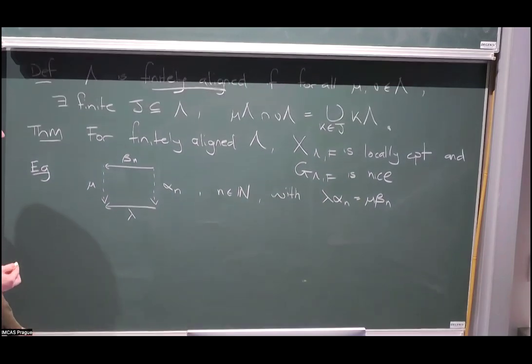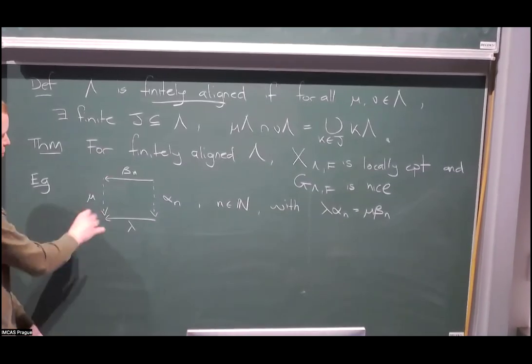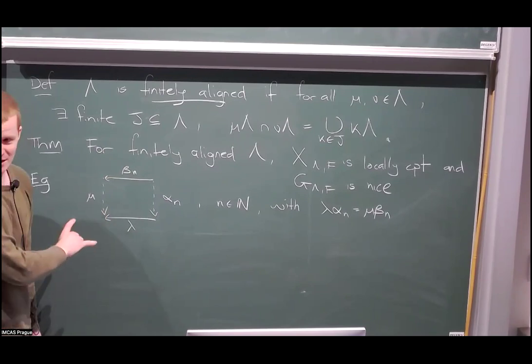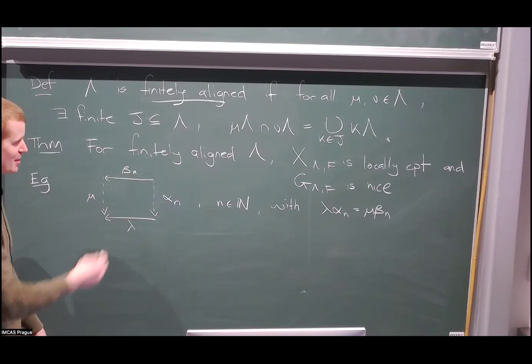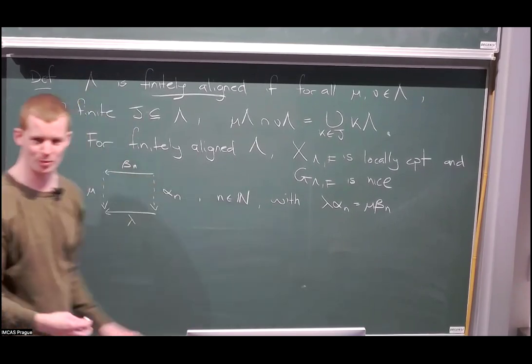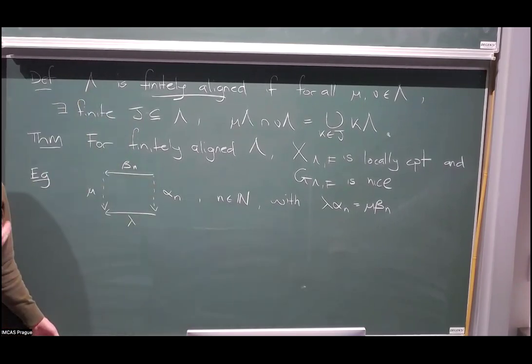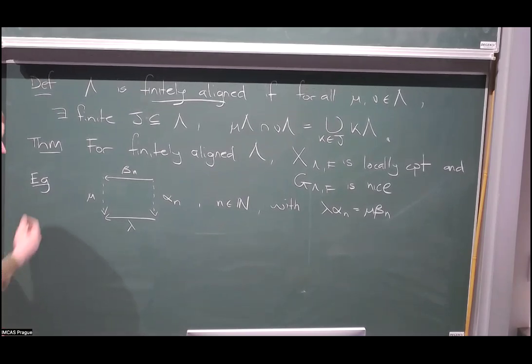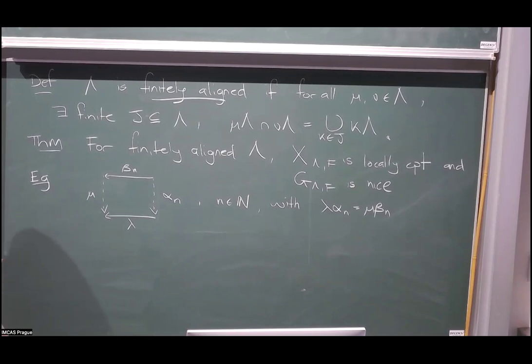Because if I take mu and nu to be mu and lambda, the common extensions are exactly these paths of the form lambda alpha n, mu beta n, but there's no way to boil them down to extensions of some finitely many. They're all kind of disjoint from each other. So it's not finitely aligned, and we struggle to make a graph groupoid nice enough in such a situation in order to study its C-star algebra.